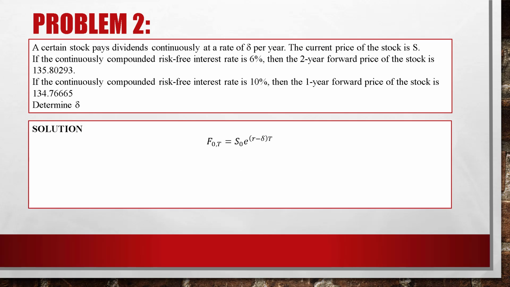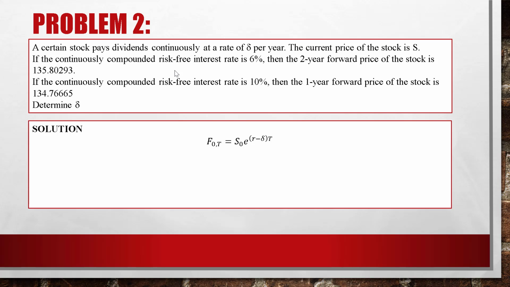The formula to calculate the forward price of the stock with continuous dividend is F0t is equal to S0 e to the (r minus delta) times T. Here F0t is the forward price, S0 is the current price, r is the continuously compounded risk-free interest rate, and delta is the continuous dividend rate. T is the duration.